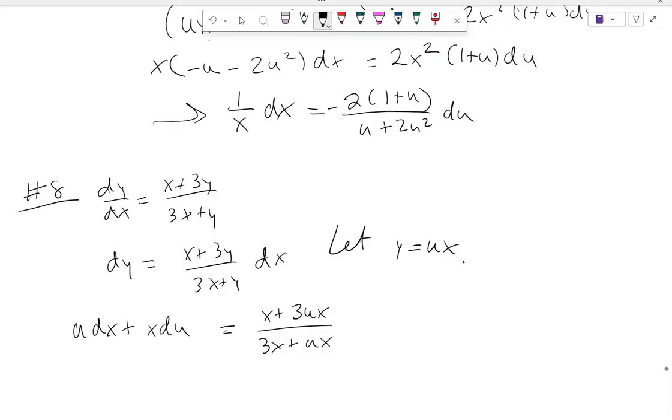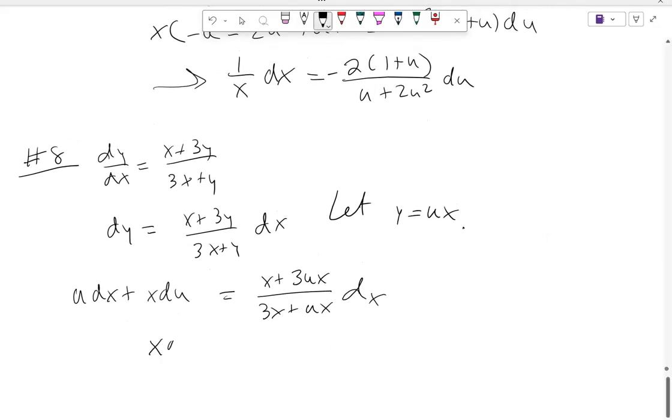And that's it, still have a dx on the end. Sorry about that. That okay? That's what it looks like after the substitution.